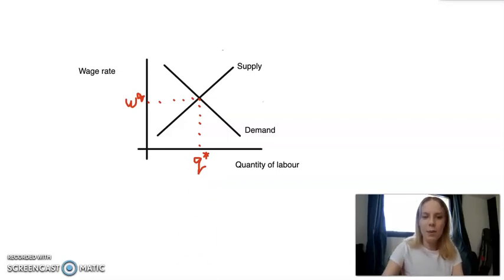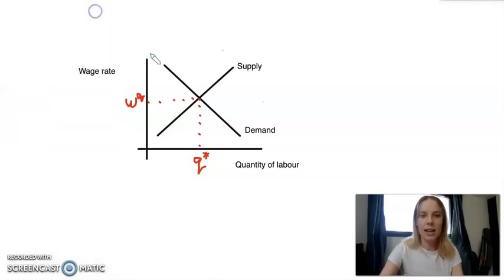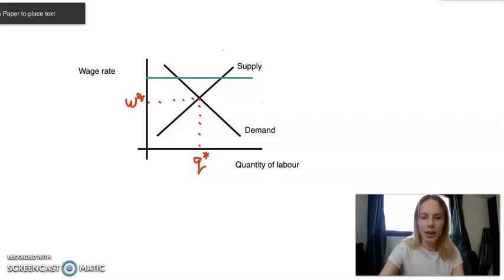Now, if I were to draw in our national minimum wage that's, let's say, above this market equilibrium wage rate, let's say it looks something like that. And again, we're going to label this: national minimum wage.